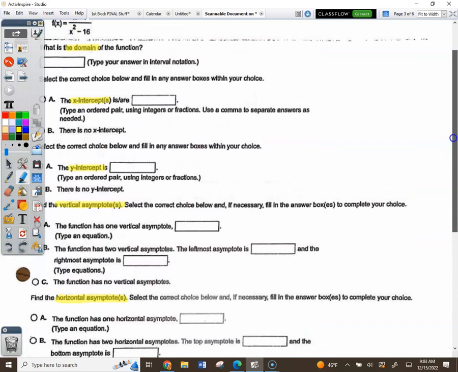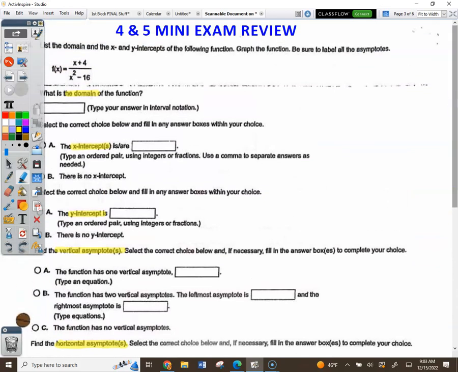So I don't know if you want to highlight that like I just did to help you see. But anyways, on the final, number 4 is find the vertical asymptote. So that's directly related to this. Number 9 on the final is graph the function and show all asymptotes and tell me where the intercepts are.